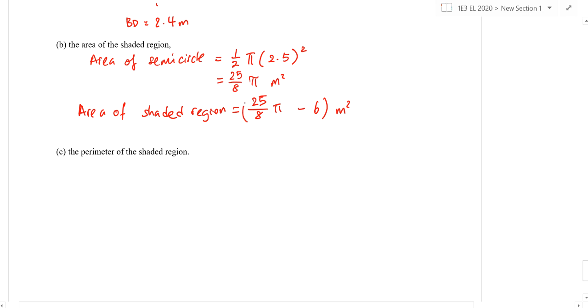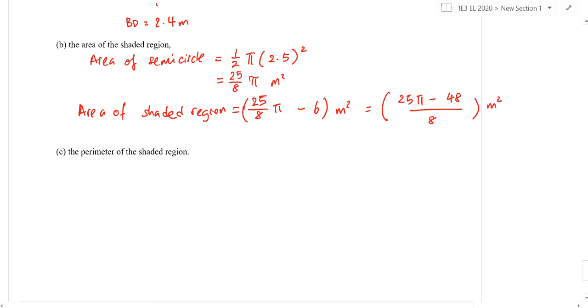You can choose to combine this into one single fraction by making 8 as the common denominator. Okay, so this is acceptable, and so is this. 25 pi minus 48 over 8 square meters.